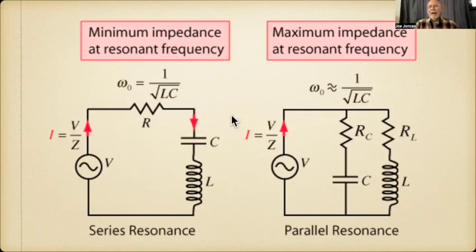Now there's two kinds of things that can be in resonance. The capacitor and the inductor can be in series like this. When they're in resonance, you're going to have the minimum impedance. When they are in parallel like this, you're going to have the maximum impedance.